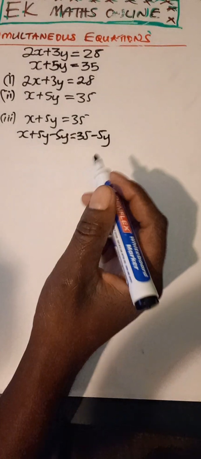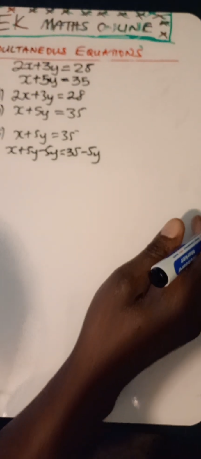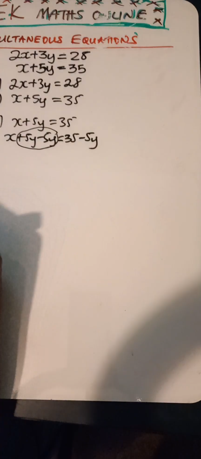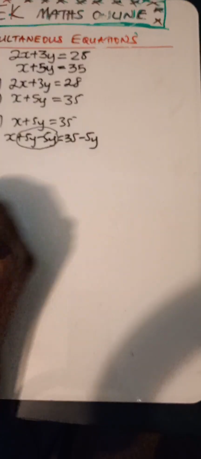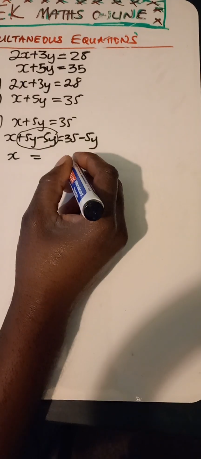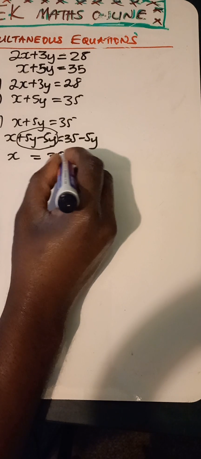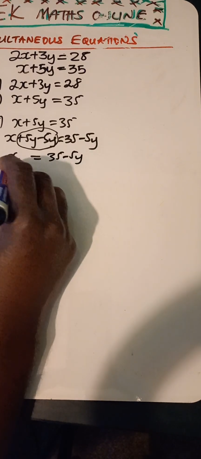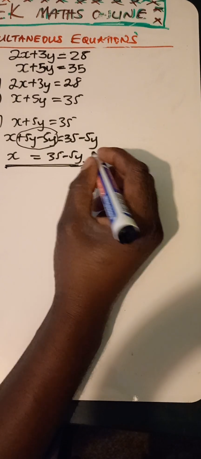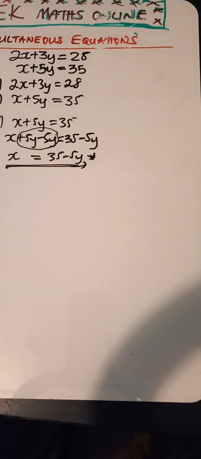So what have we done now? We've created our 0 here, which means we are going to be left with only x is equal to 35 minus 5y. This is our value of x. For now, we just put a star like this.